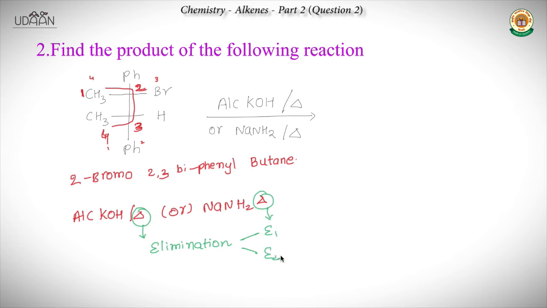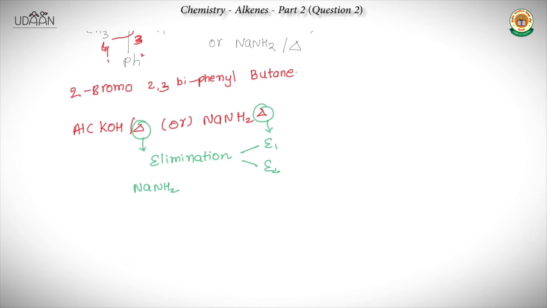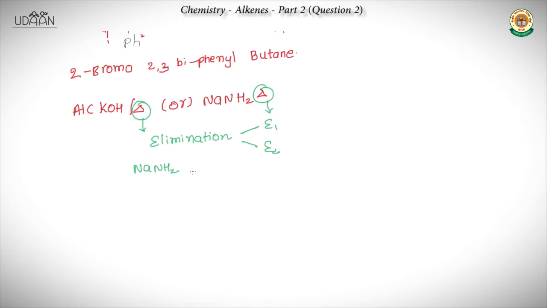But see the reagents given. You have NaNH2, say. Now this reagent is polar and aprotic. So as a result, polar aprotic favors E2 rather than E1. So you have figured out these things.